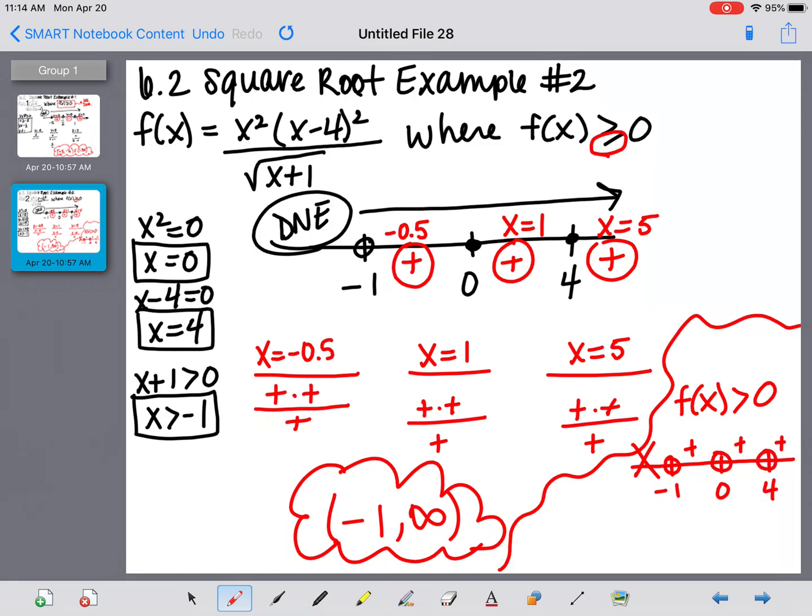But since we're not equal to 0 anymore, we're not using closed circles on the 0 and the 4. So if we strictly wanted greater than, we would have to break at each of those values, and we would not include those.